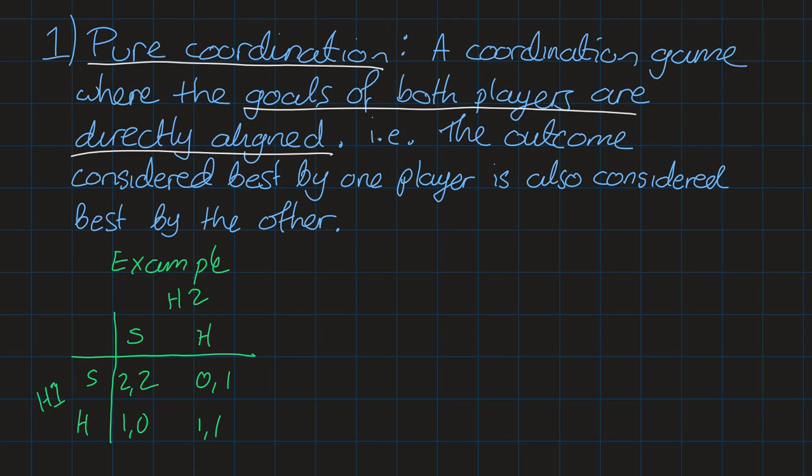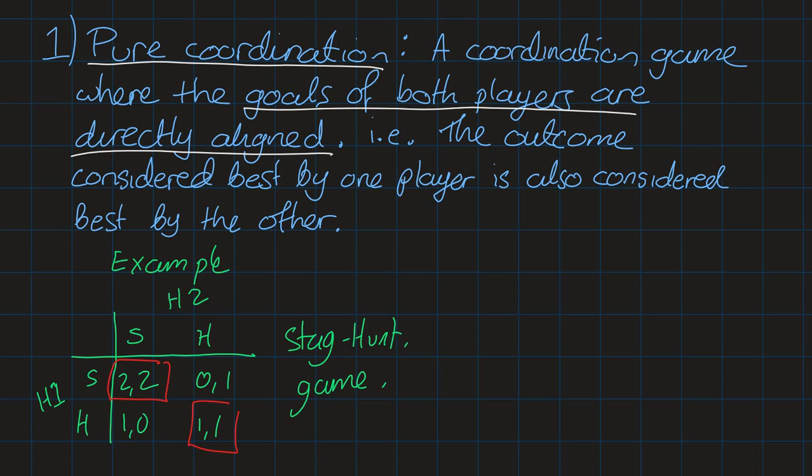This is, if you remember, called the stag hunt game. Well, if you think about it, there's 2 Nash equilibrium in this game. There's this one here and this one here.